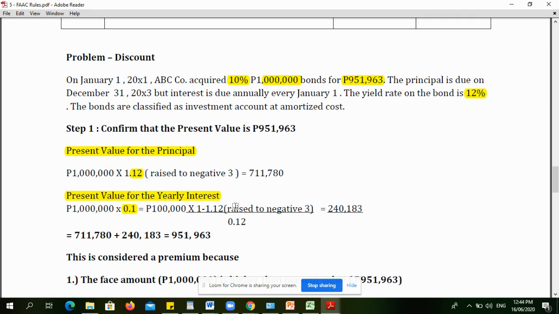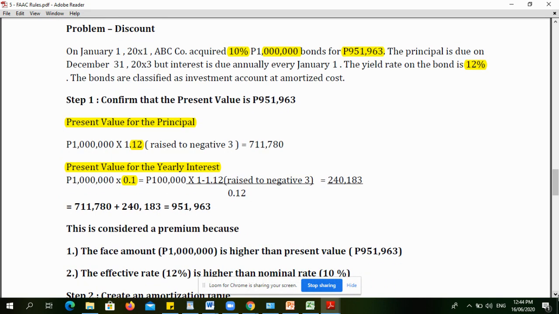Plugging everything in, it comes out to 240,183. And we will add 711,780 plus 240,183 equals 951,963.